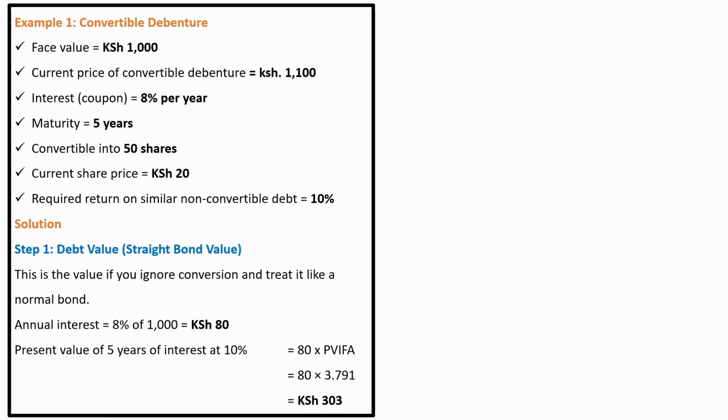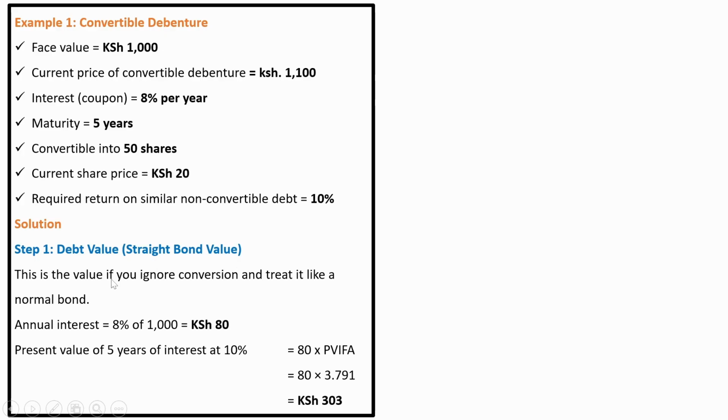We want to calculate the debt value, and then we find the equity value. We compare the two, we pick the highest, and then whichever we have picked, we are going to add a premium.